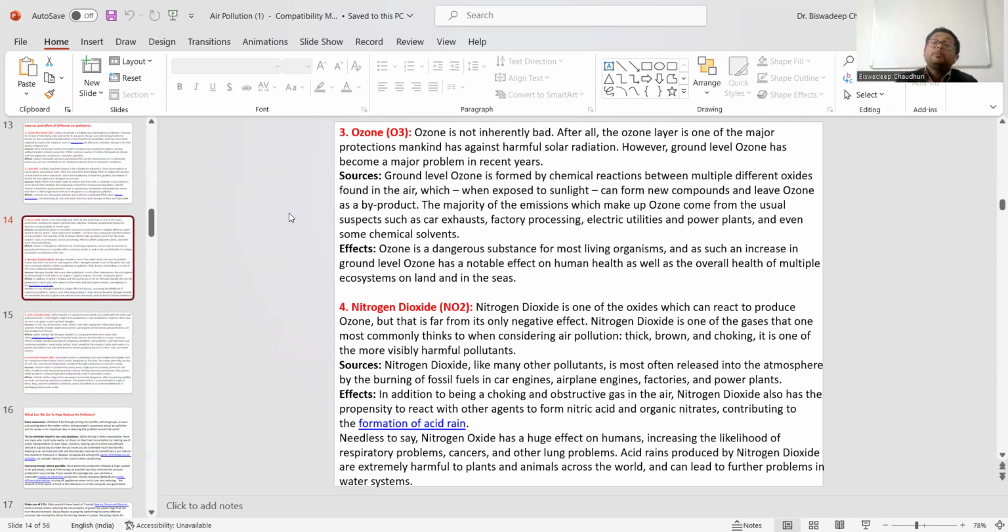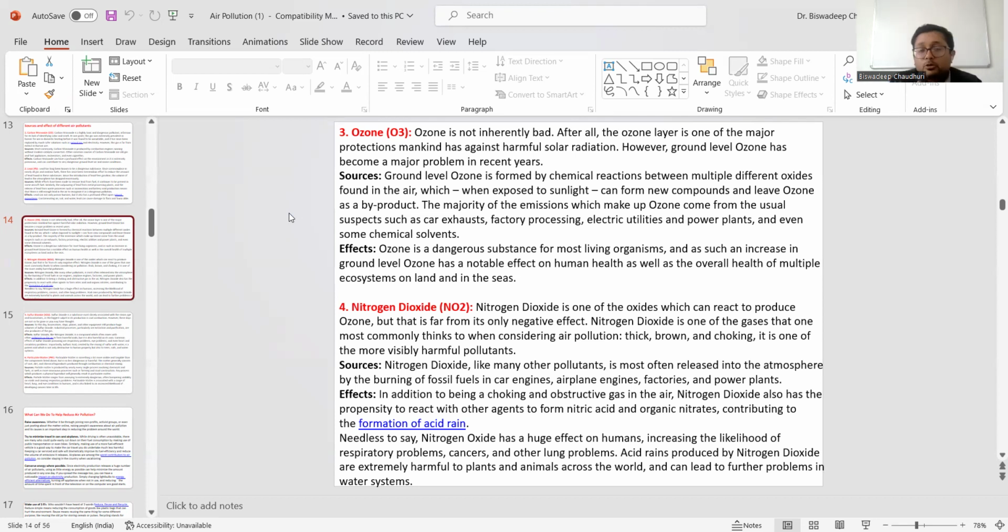From what? From the ultraviolet radiation coming from the sun. The sun gives us light and heat, and along with that it gives some UV radiation as well, which is not a very good thing for any living being. So the ozone layer protects us from this.